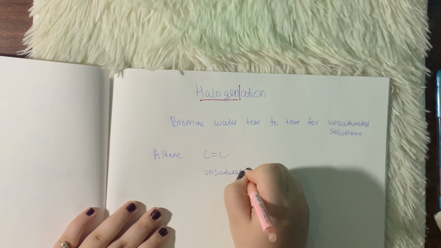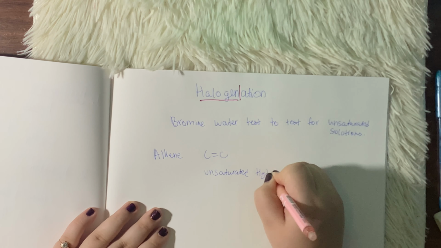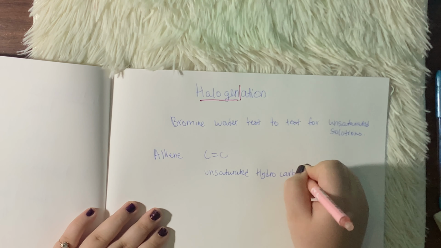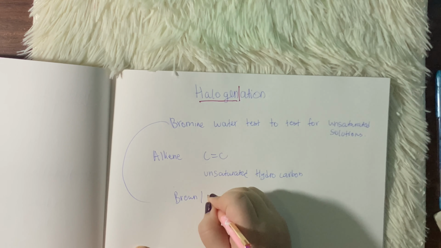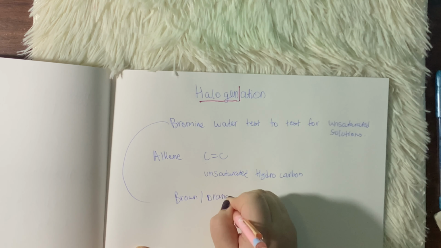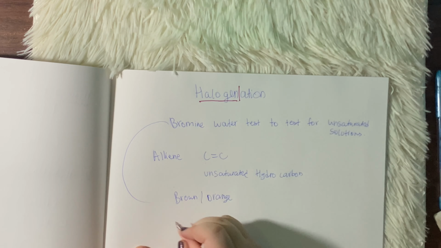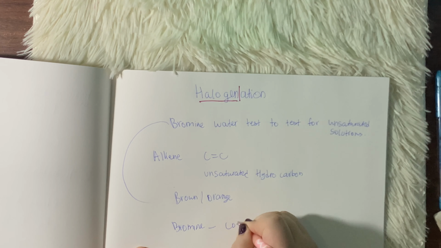It's an unsaturated hydrocarbon. The natural color of bromine is brown or orange, whatever you prefer, and this bromine will become colorless in the presence of an unsaturated solution.